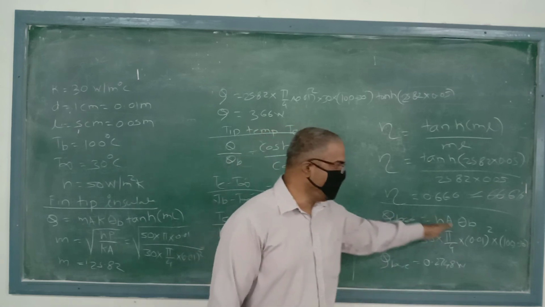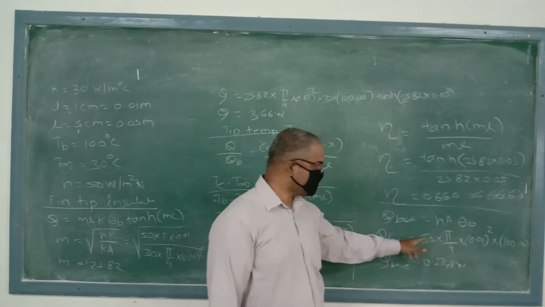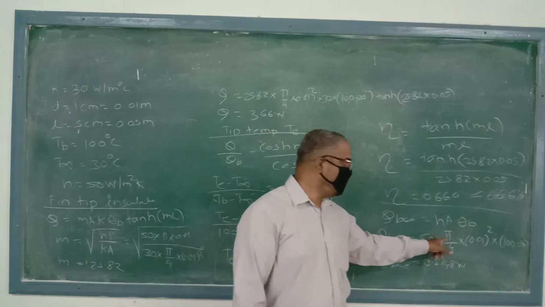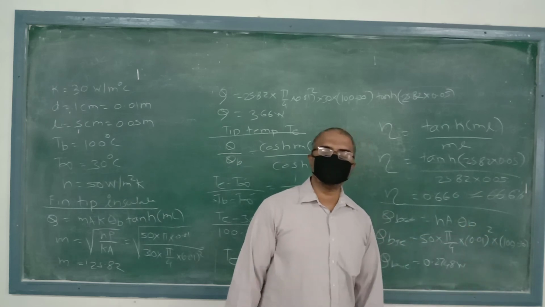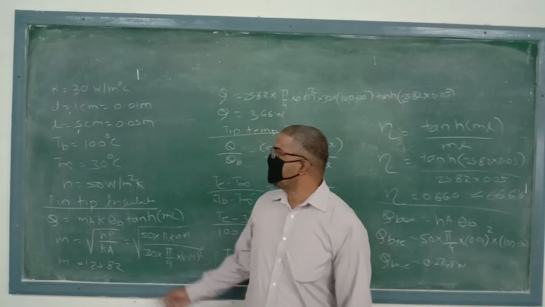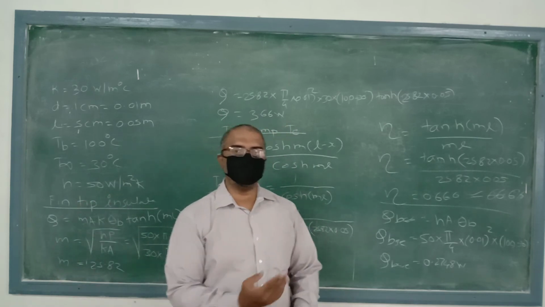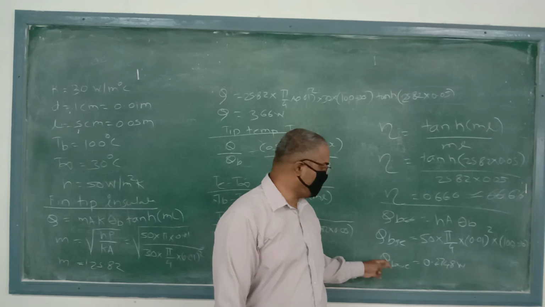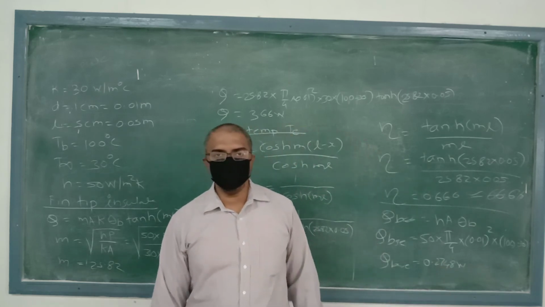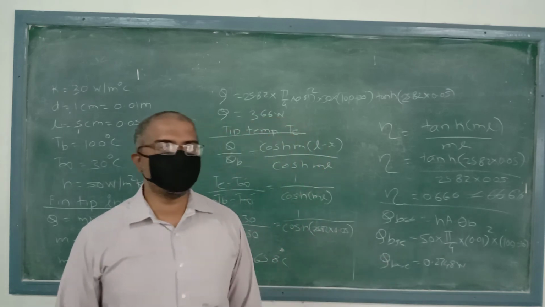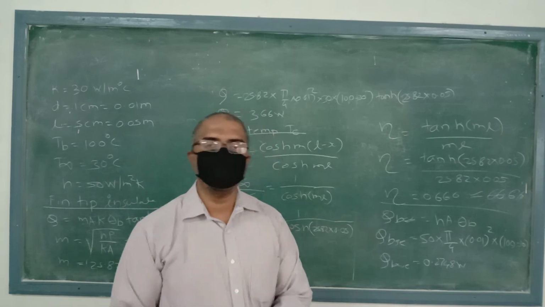So we have h A delta T, that is theta B we have taken, the h value they have mentioned, and the area we can calculate as pi by 4 d square, theta B is 100 minus 30. Because the base temperature they have given is 100, and the surrounding temperature they have mentioned is 30. So after substitution we got Q base equal to 0.2748 watt. So we have calculated all the values in this problem.